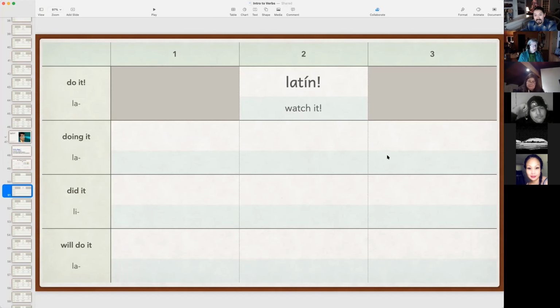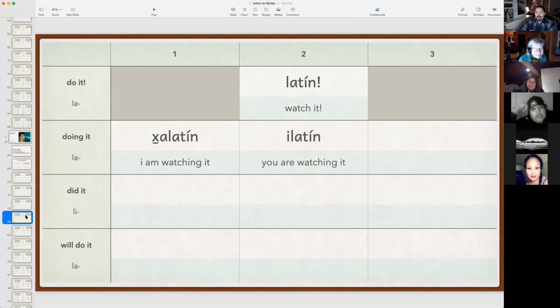Chashatin. Ishatin. Ashtin. Achtin. So here, they get hua, she, tin.